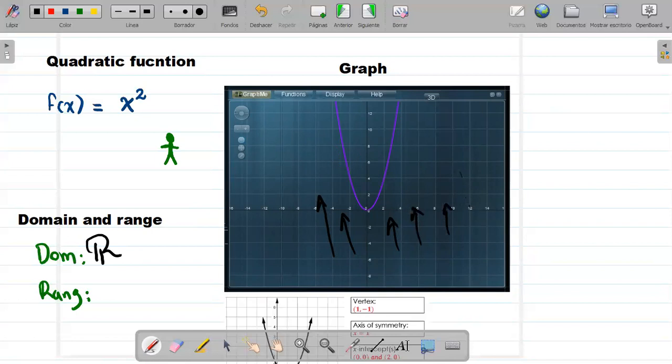If it's not clear what I'm saying, for example, these 2 is related with that 4 over here. These 4 is related with a 16 over there.